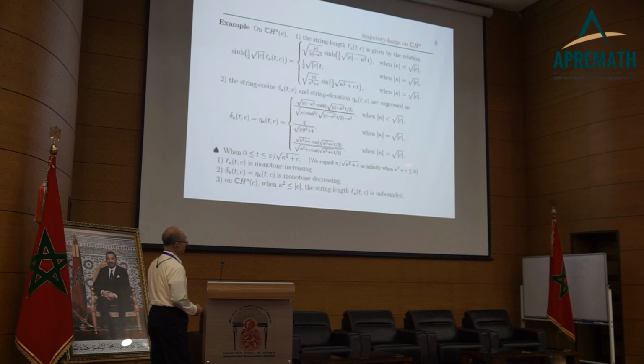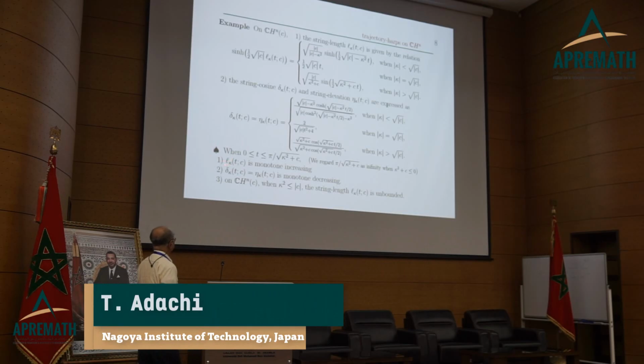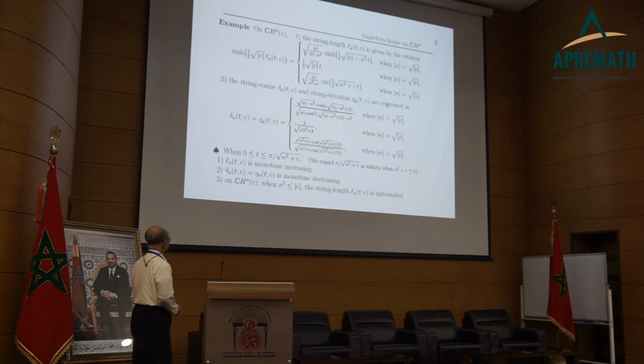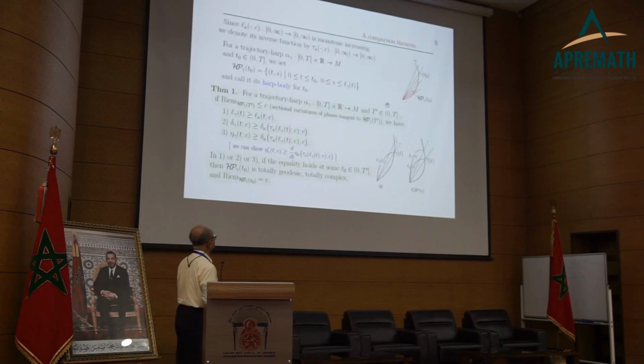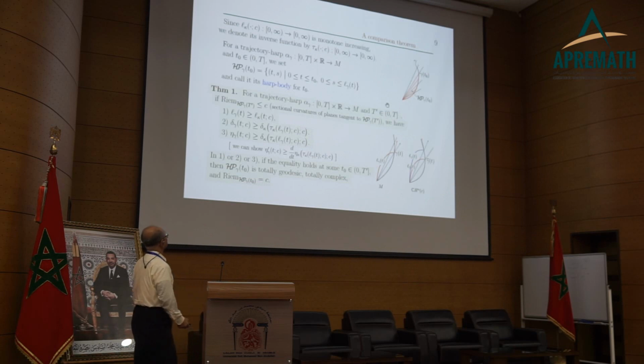And then the string length is monotone increasing, and the string cosine is monotone decreasing. This means that on the complex hyperbolic space, when the strength of the magnetic field is small, the string length is unbounded. Now, I'd like to give some comparison results.